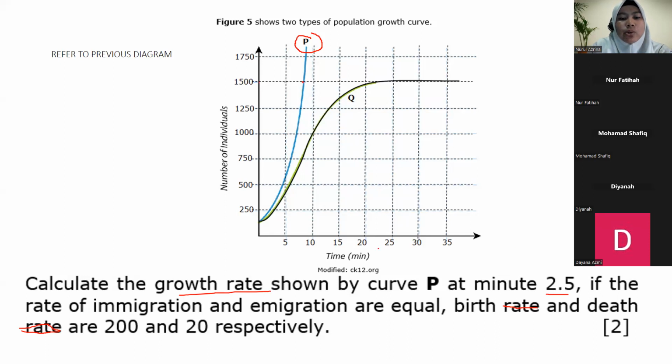Okay, dia suruh cari growth rate. So, apa formula growth rate? R equals to B minus D plus I minus E. Okay, kira lah sekarang. What is the rate?